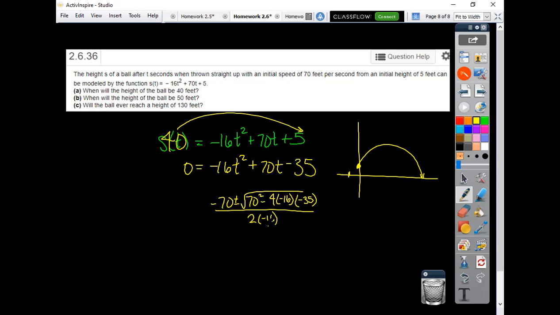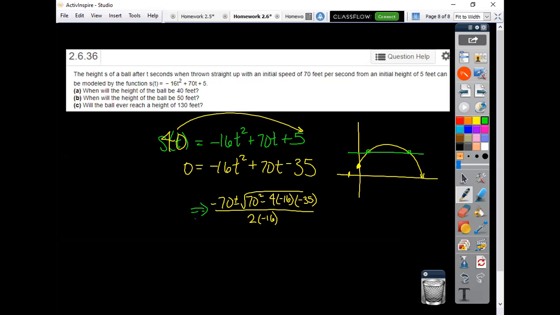I'm seeing 2 different answers here, because when does it reach a height of 40 feet, there are 2 times, since your 40 is above your 5, so there's one on the way up and one on the way down. You would find those 2 solutions by evaluating the quadratic formula.